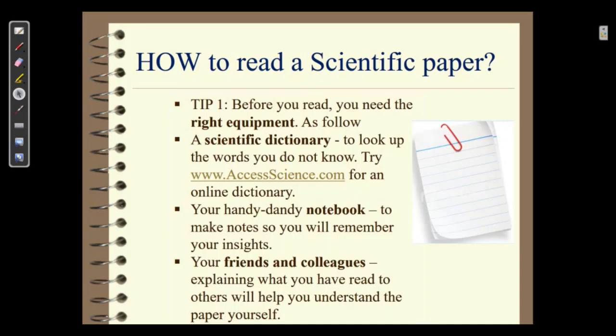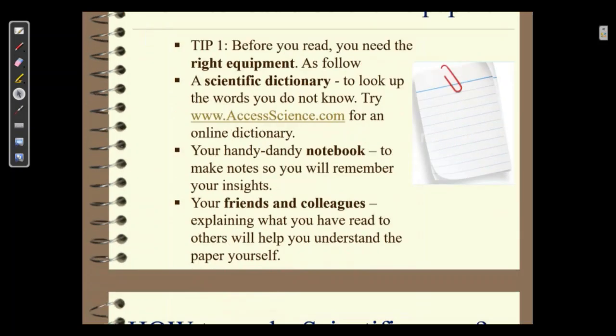And let's say we are very new to the field, so we should write down each and everything which we don't understand. Similarly, we should have friends, colleagues or fellows in our lab, and we should discuss the papers which I have read, so that we can understand what is going on in the paper.